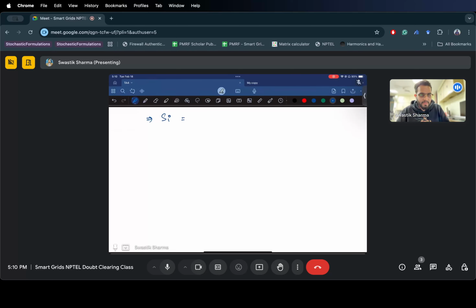To calculate the apparent power injected at bus i, what I need is Vi and Ii complex conjugate. Both of them are phasors: V angle phi and I angle phi. This can be written as V cos phi plus j sin phi, and similarly I cos phi plus j sin phi, right?